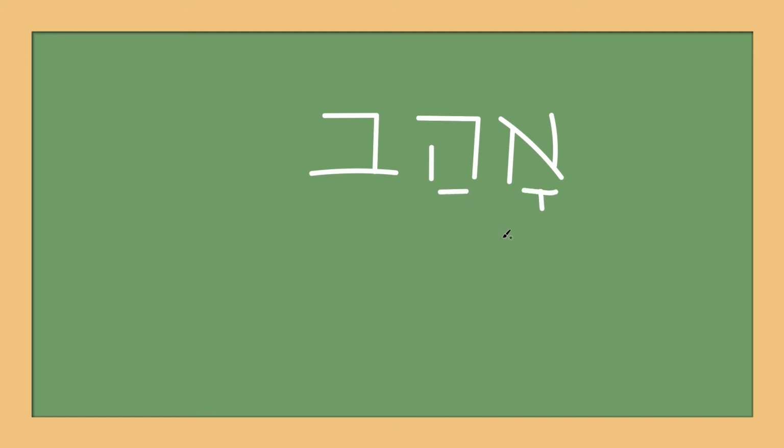Ahav means he loved. Ahav, he loved. So now from a noun it became a conjugation of the verb to love. This is the conjugation for third person singular masculine and past tense, he loved, hu ahav.